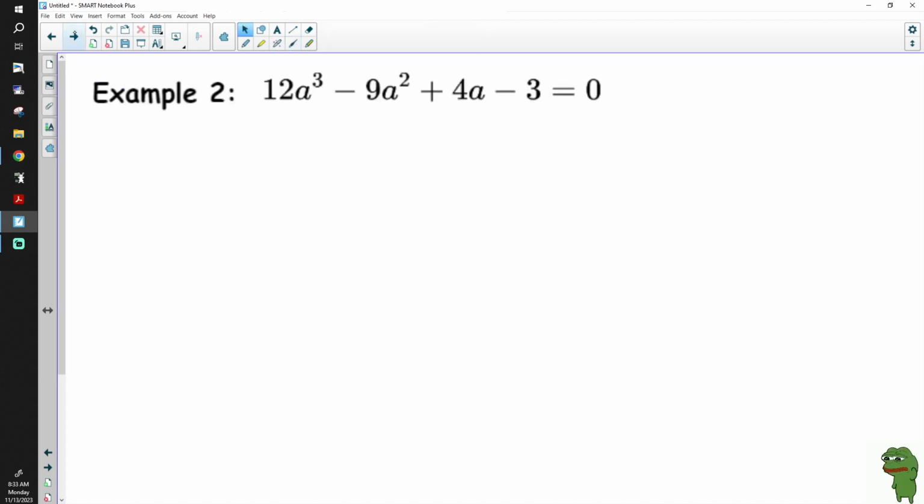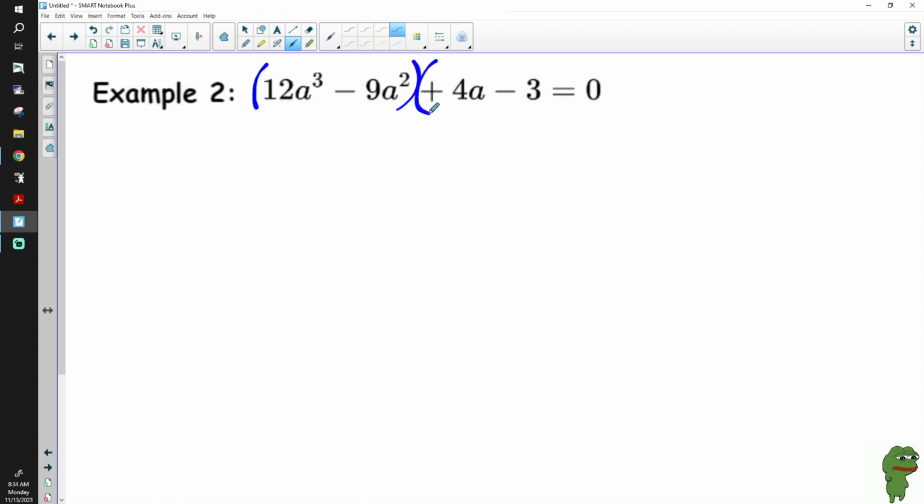I want you to first group. Do step one, create your groups. Create your groups. Do it now. Good. Your groups should look like so.